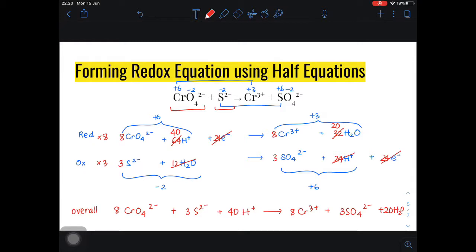For this one, the CrO4 2- is the oxidizing agent, and the S2- is the reducing agent.